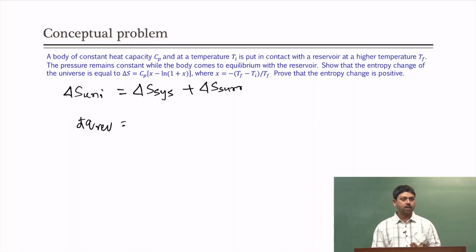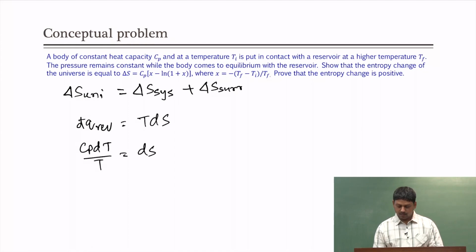So, it is a constant pressure process, right. So, how does the heat change in a constant pressure process? We know that dq reversible is TdS, right. We start from there. dq reversible is Cp dT for a constant pressure process, so that is T dS.